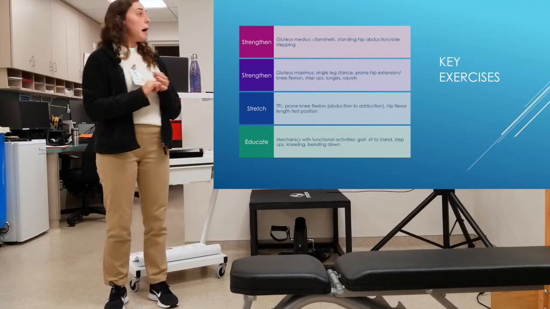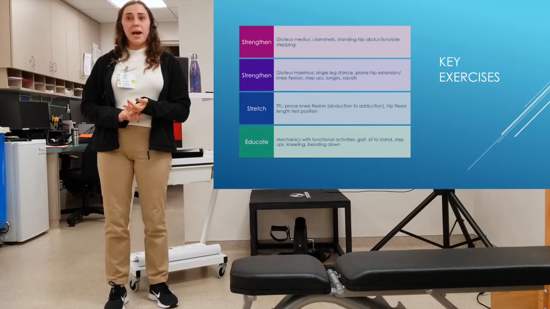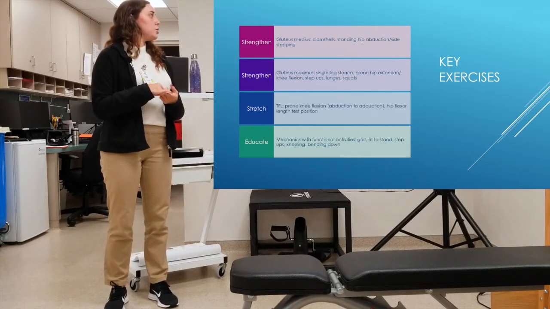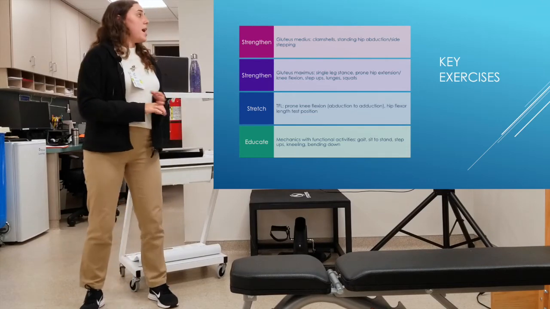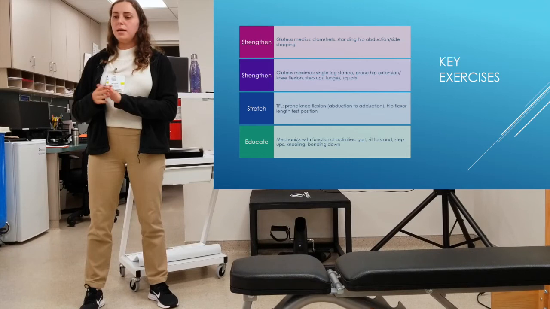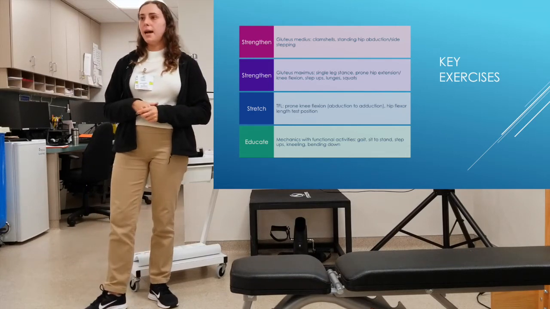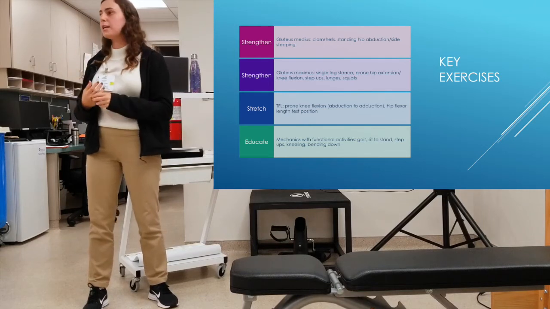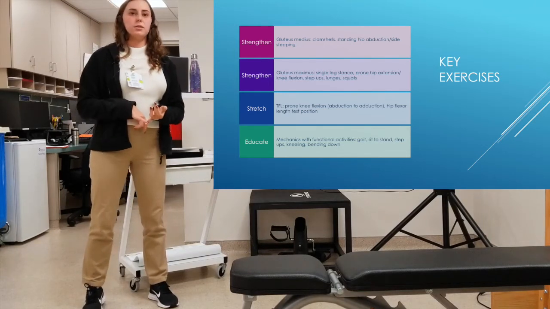We talked a little bit about how to do so. Strengthen the glute max as well due to that knee hyperextension a little bit. Stretching the TFL. And I didn't put hamstrings on here since I put knee hyperextension as her secondary diagnosis. I was mainly addressing the primary diagnosis I gave her, but I would definitely want to address those hamstrings.